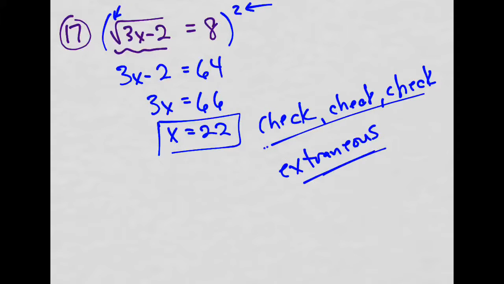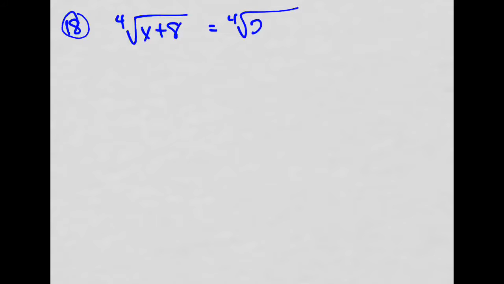On number 18, they changed the game just a hair because we put radicals on both sides. Okay, so not that it matters on this problem because we do have radicals on both sides, but because that index is a 4, we're going to take both sides and raise it to the 4th power.